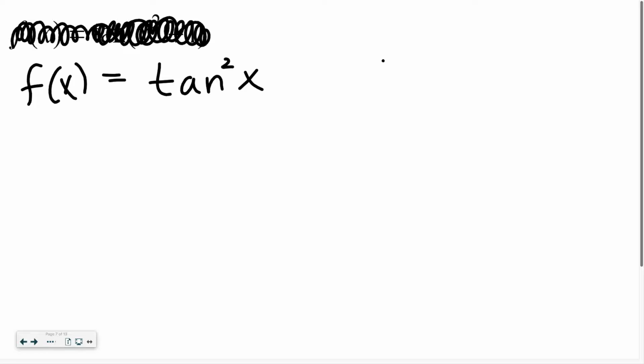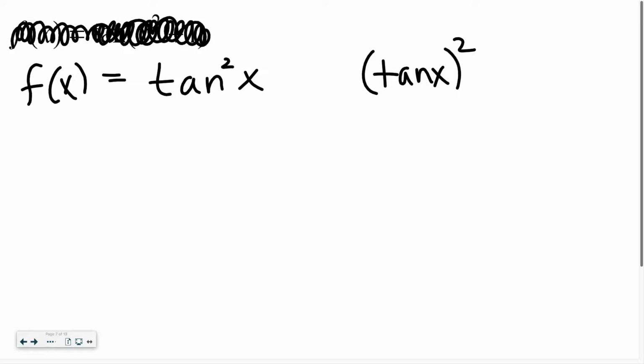Okay, this is the equivalent of the tangent of x, the quantity squared, but we write it like this, right? If you need to write it like this to have your brain click with the chain rule, I have no problem with that, okay? But we need to understand that tangent is inside of the square.